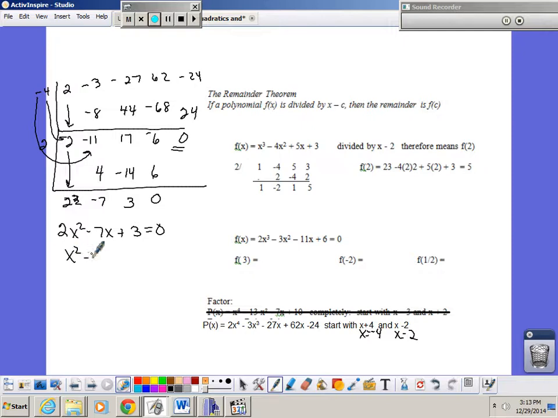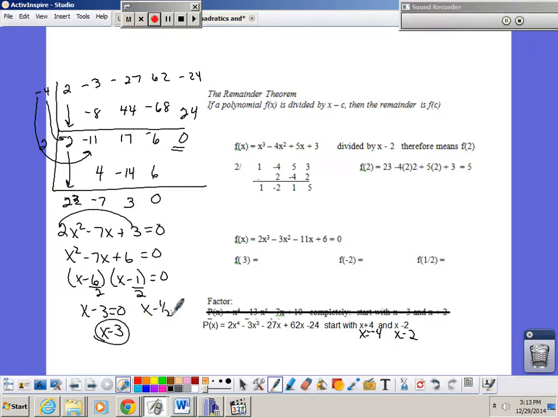This does factor. So I'm going to slide this over. I'm going to get x minus 6, x minus 1 equals 0. I slid, so I have to divide. So x minus 3 equals 0, so x is 3, is a root. And x minus 1/2 equals 0, so x equals 1/2.